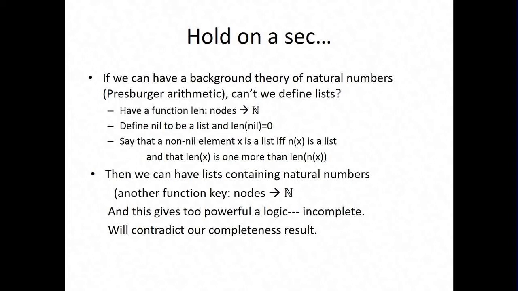Now, the first thing we thought when we had this result is that this must be wrong, because surely if I have a background theory of natural numbers, I can define finite lists, and therefore least fixed points easily using arithmetic as a background theory.